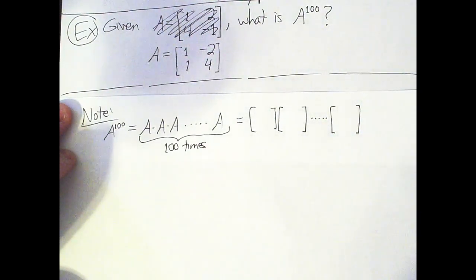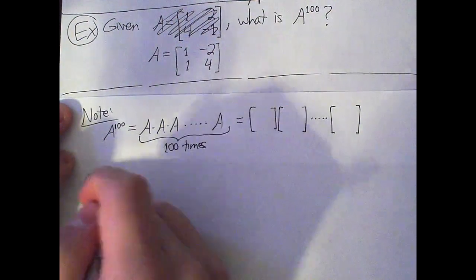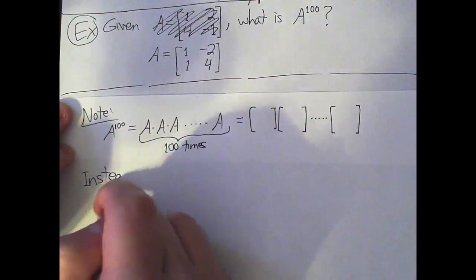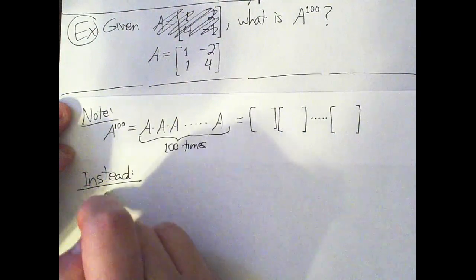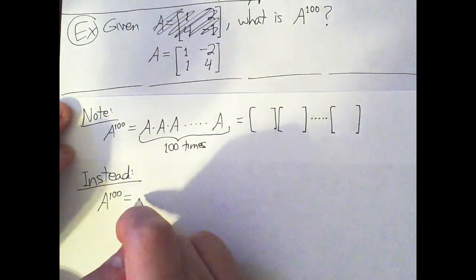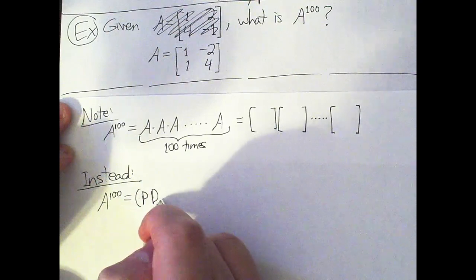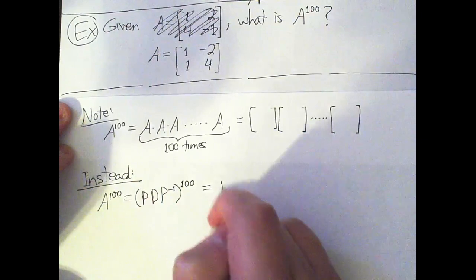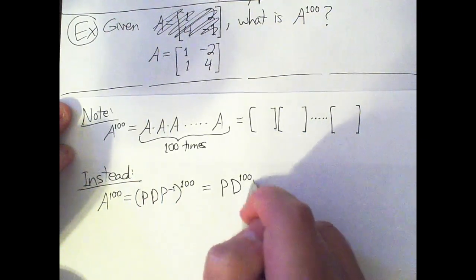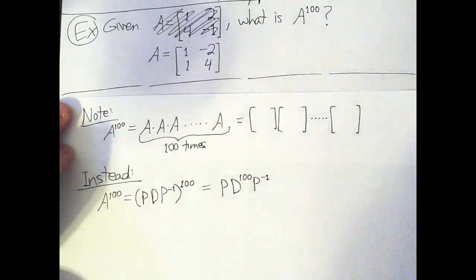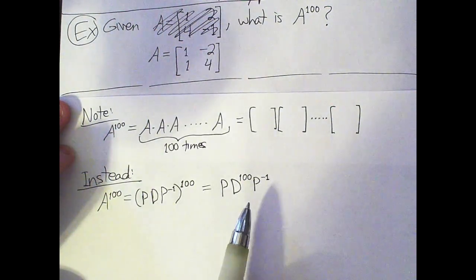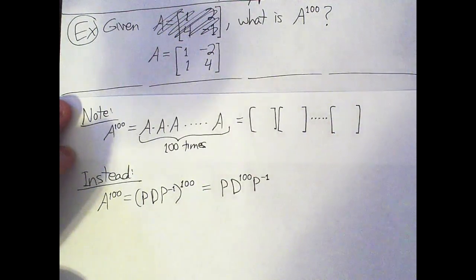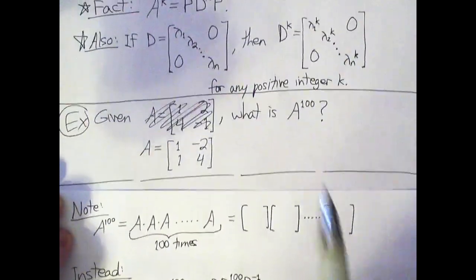It would be very time consuming. That's what I'm trying to get across. So instead, A to the 100 is equal to PDP inverse to the 100, which is equal to P D to the 100 P inverse. This is really using the fact from above, which we didn't really prove, but I'm using this.